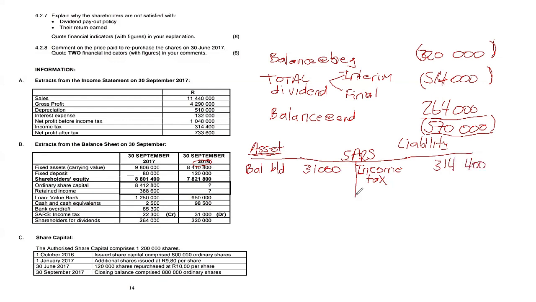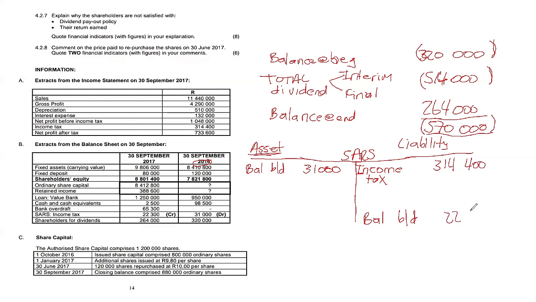However, on 30 September 2017, you had the balance of 22,300, which was credited. So it's going to be balance brought down, meaning it's the balance at the end.